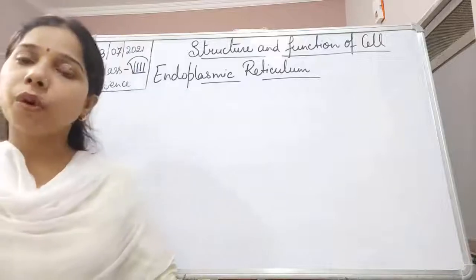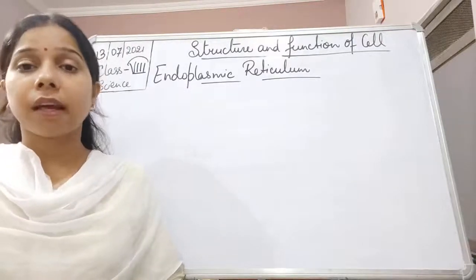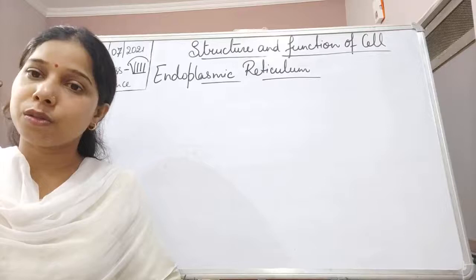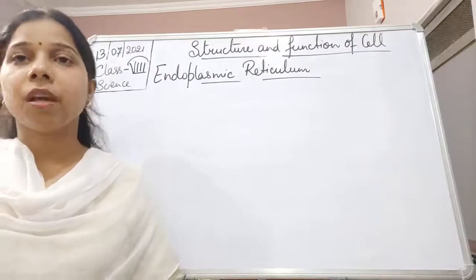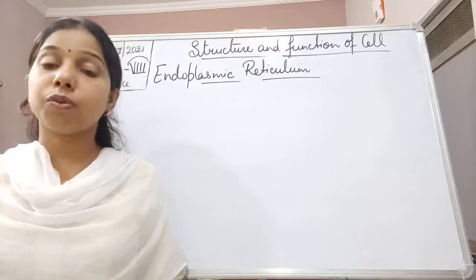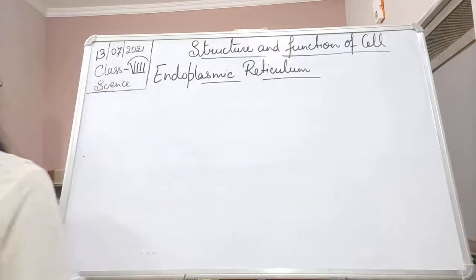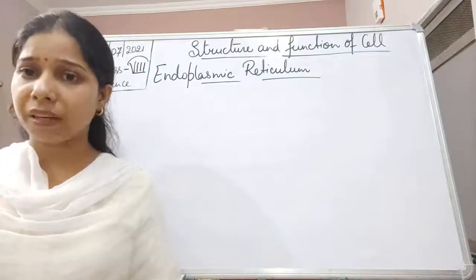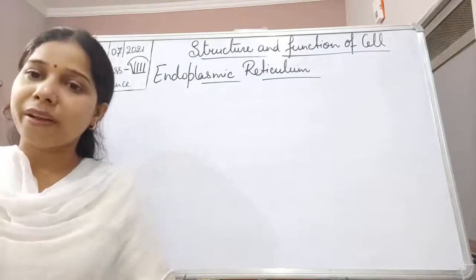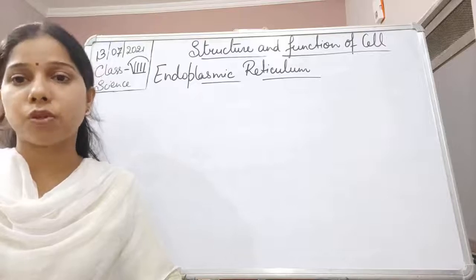And the role of the endoplasmic reticulum is that it helps in the synthesis of fats as well as synthesis of protein. When you go to the higher section, students, you will come to know that this endoplasmic reticulum is basically divided into two different types, rough endoplasmic reticulum and smooth endoplasmic reticulum.